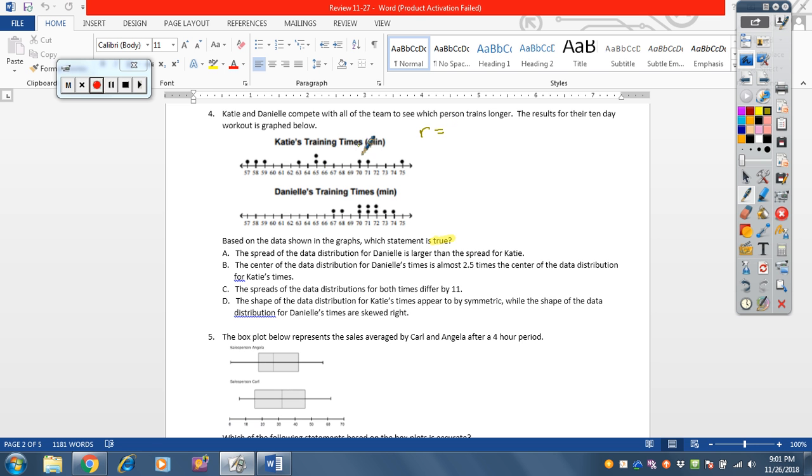So the range for Katie is 75 minus 37. You're going to have to find out what is the range for Danielle. Now remember, spread and range are the same. You can even cross that out if you want to.